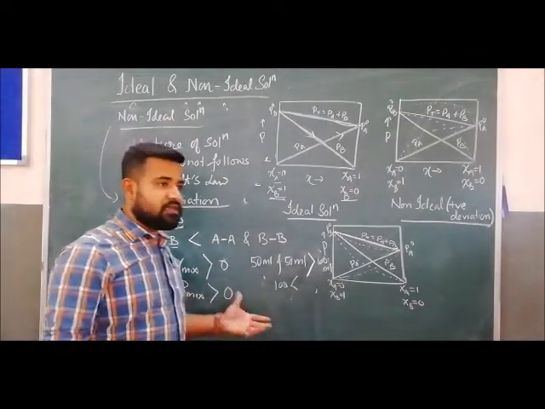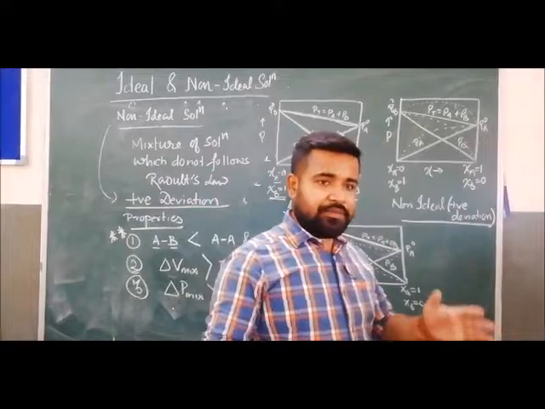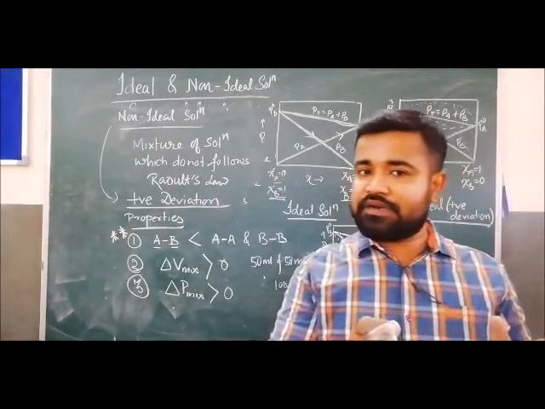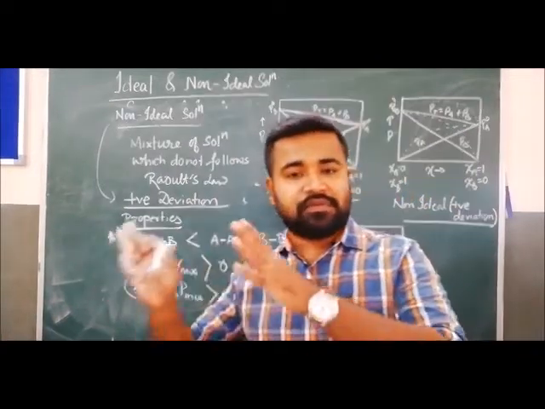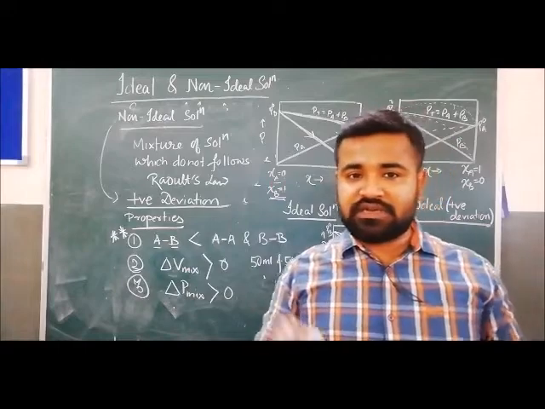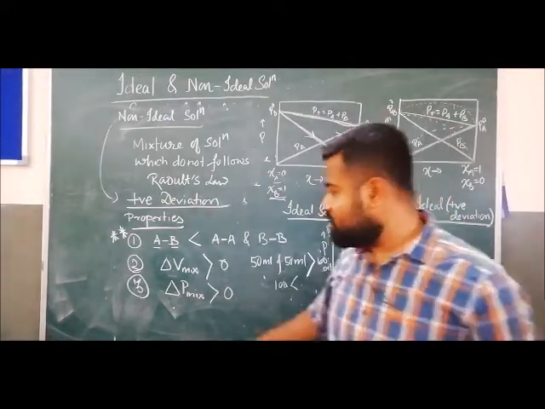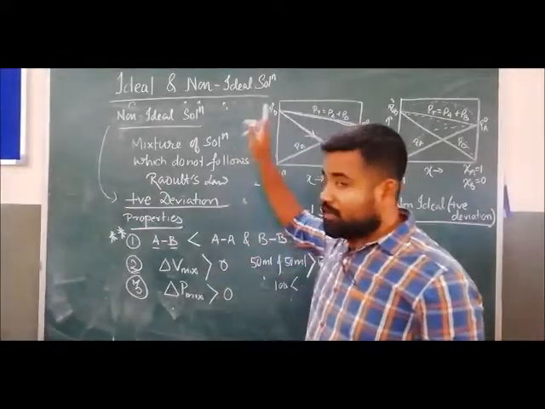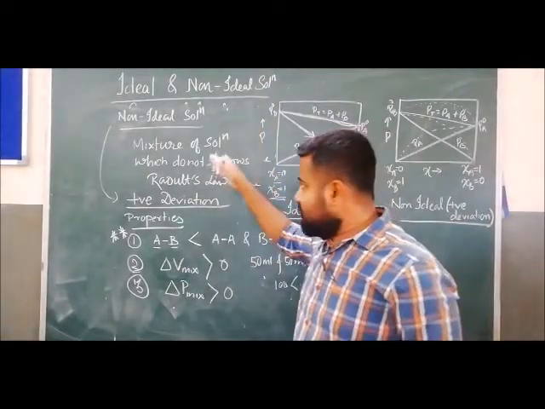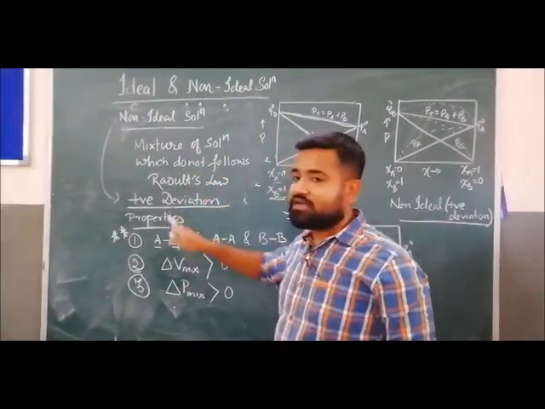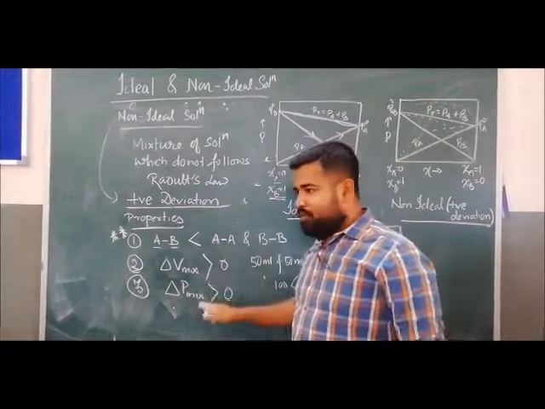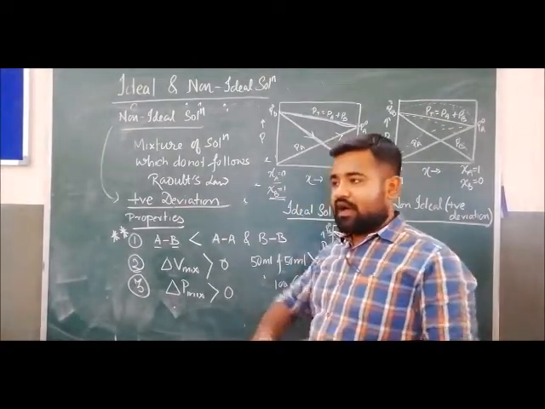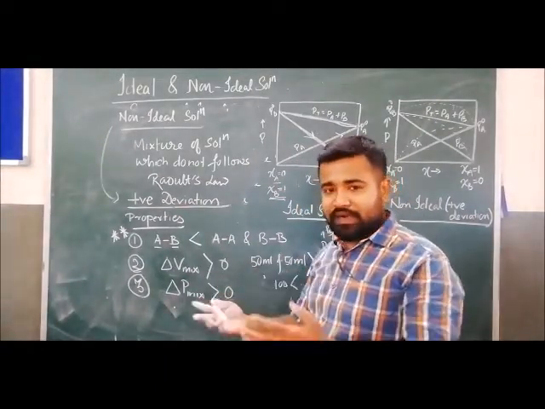Suppose before the solution it is 10, and after the solution the vapor pressure is also 10. It means 10 minus 10 equals 0, so delta P mixing is equal to 0 in the case of an ideal solution. But in the case of a non-ideal solution with positive deviation, before it is 10, after making the solution it is 20.